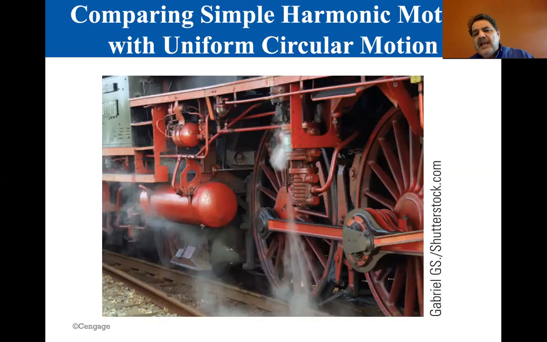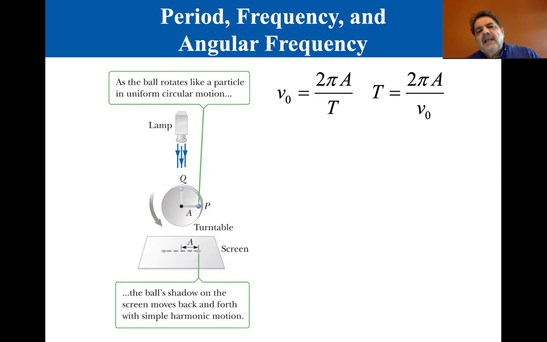Now here's an example of rotational motion. The piston pushes this back and forth motion and turns it into circular motion on the railroad wheel. And there you see other examples of that if you just take the time to observe. So let's look at V0 equals 2 pi a over T, where T is the period.